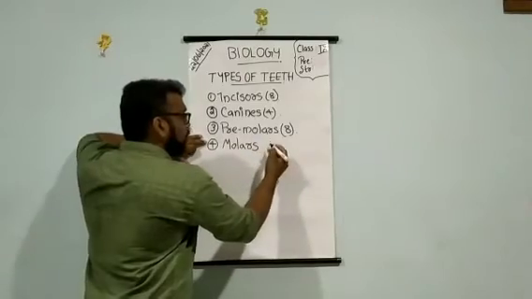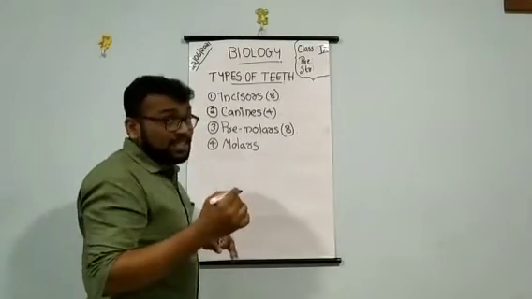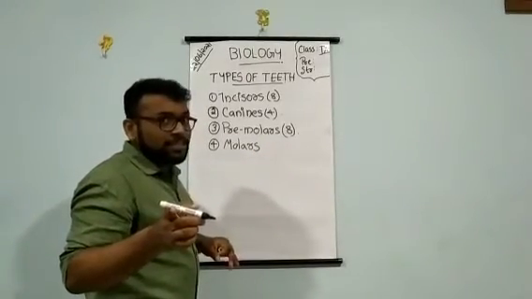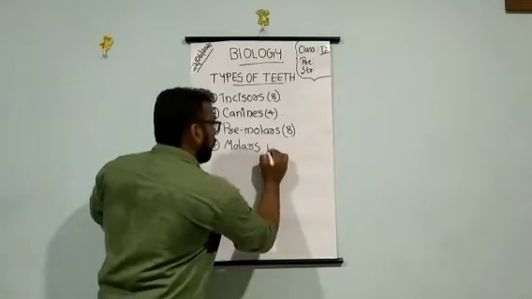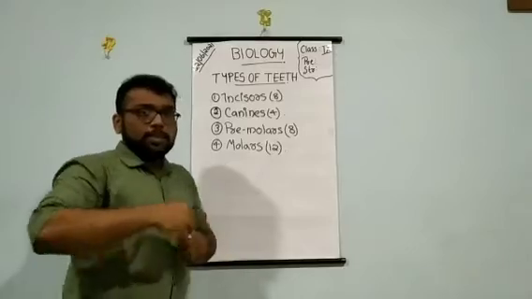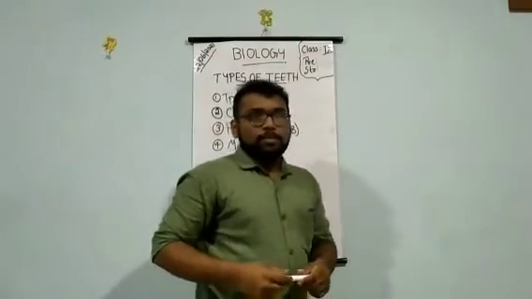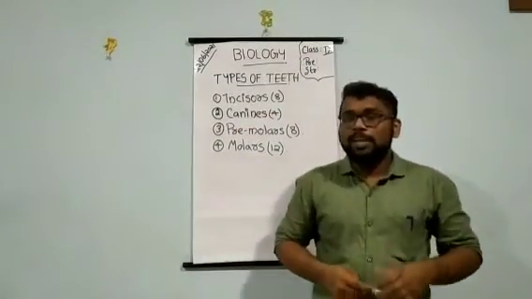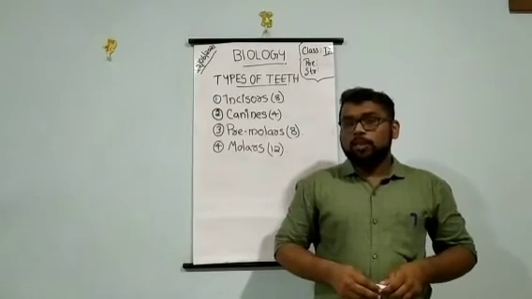Okay, so molars are 6 in each jaw. That means, yes, there are 12 molars. Okay, I think you got a clear idea about molars, isn't it? Yes, so now we will discuss premolars and molars in detail.